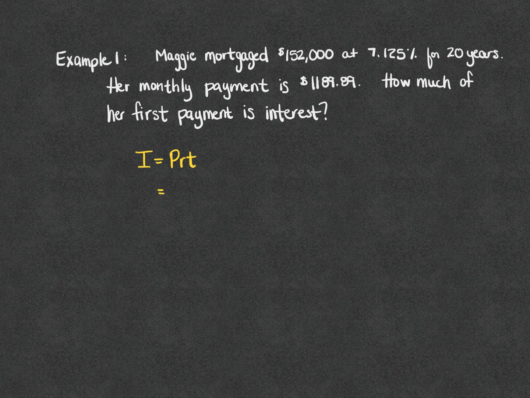Now in this case, the principal is the $152,000 because she hasn't made any payments on her loan yet. The interest rate is the 7.125%. And the time, because this is a monthly payment, her payment represents 1/12 of a year. When you multiply those values together, we get $902.50.